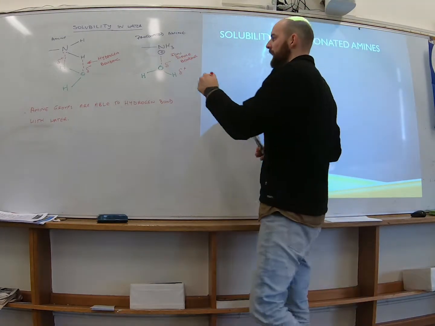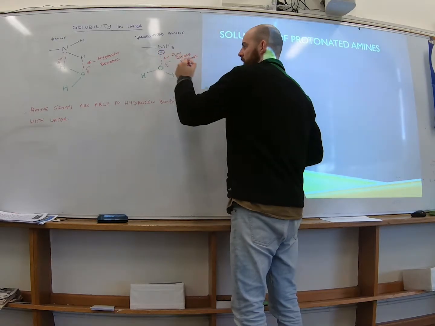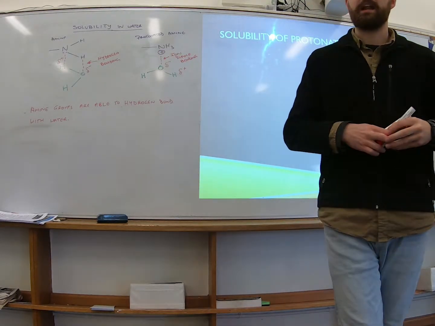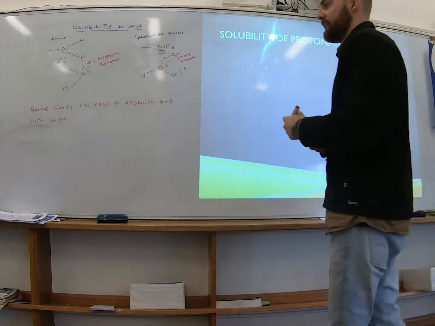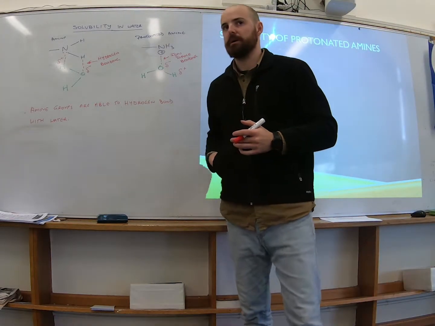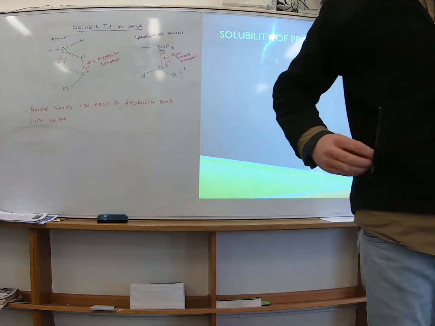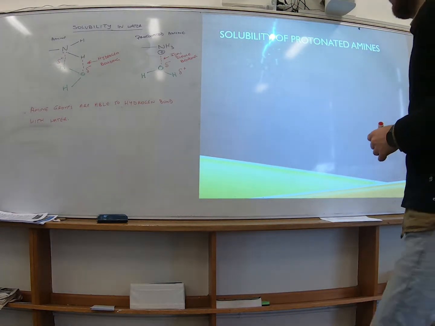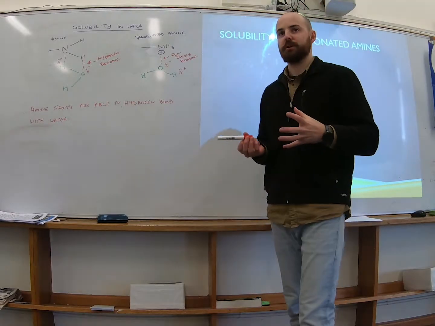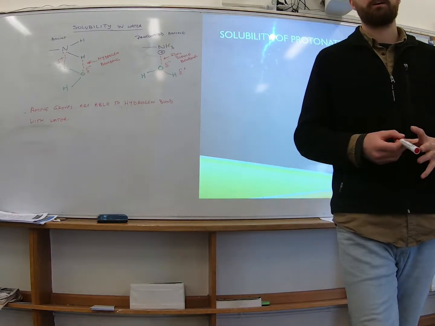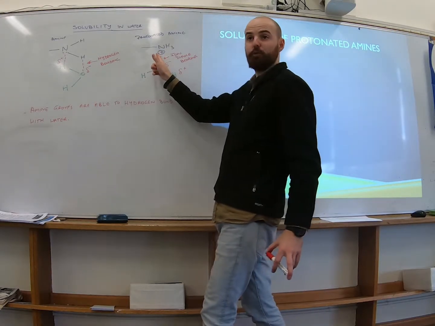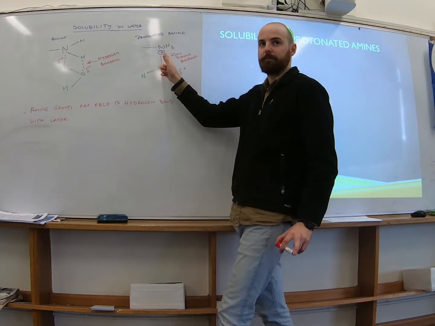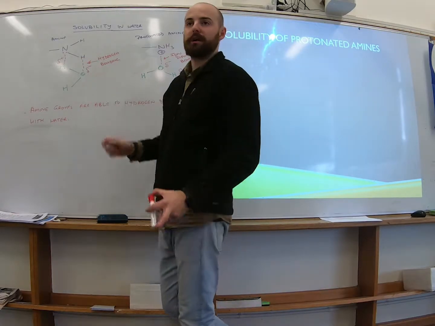Ion dipole bonding occurs between protonated amines and water, and also between carboxylic acids that have become an ion, carboxylate ions. They will also ion dipole bond with water, and that makes them dissolve really easily. This bond here is a lot stronger than that bond there because we've got a full positive charge here. Over here, we've only got partial charges.